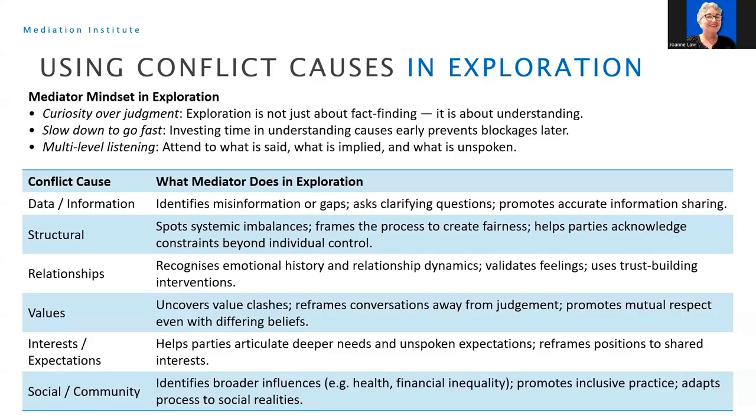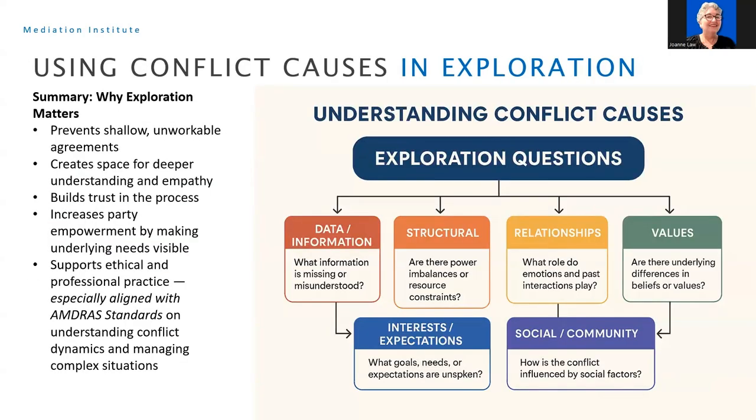So I'm not going to read through all of this. You can have a look at it, but basically, these are some of the focus areas that we're wanting to look at if we're detecting that these are some of the types of issues that are underlying the conflict. And again, we're looking at how these things will fit together, and in some ways that social and community conflict is underlying, particularly around the relationships and the values-led conflicts.